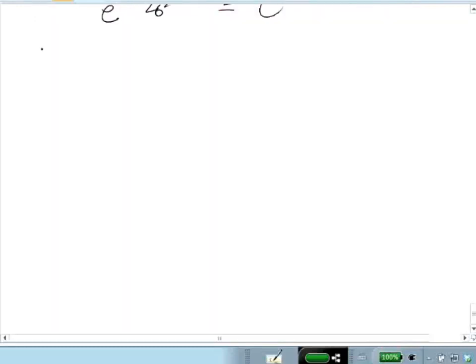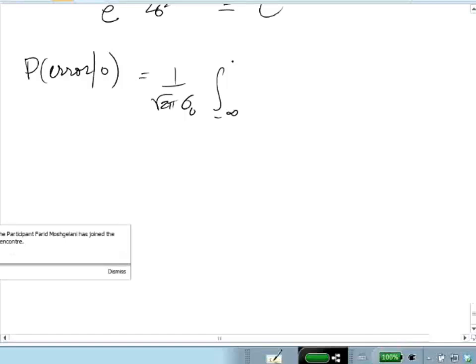So we found the optimal threshold. Now we want to use it to find the probability of error, for instance, given a 0 was sent. It would be 1 over the square root of 2 pi sigma 0, integrated from eta to infinity. And this is a 1.